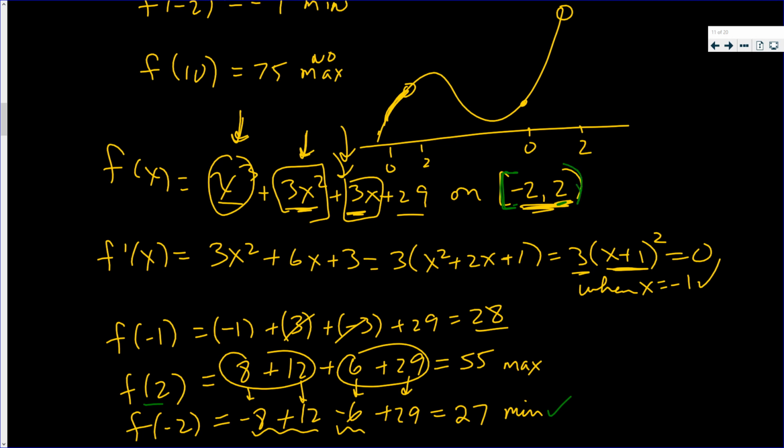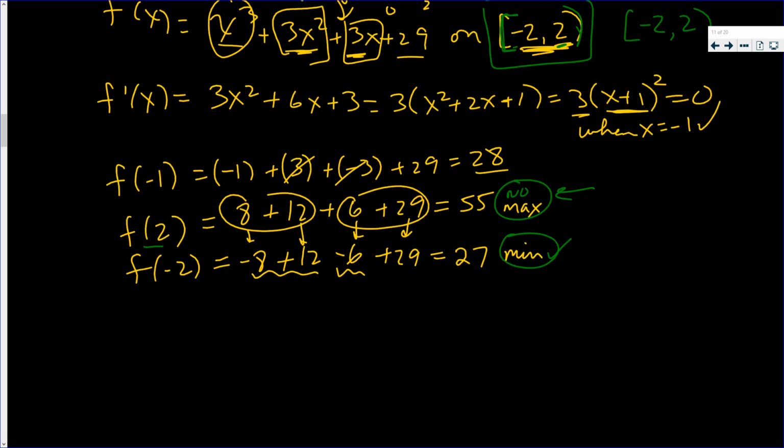It's open at 2, so there is no max. This function has no max. It does have a min. You can get different answers by changing the interval. For example, if I say -2 to 2, then we would have a max, and it would be 55.